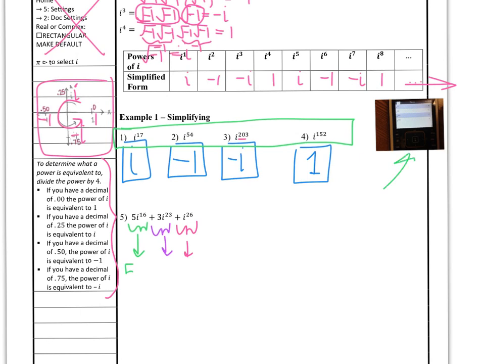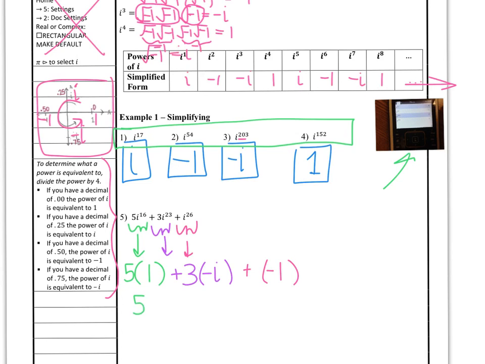So we know that this is 5 times something, and that something comes from our calculator, which ends up being 1. Then this is plus 3 times something, and from our calculator that ends up being a negative i. And then this is plus something, which in our calculator is negative 1 when I plug in i to the 26th. From here we just have to simplify.